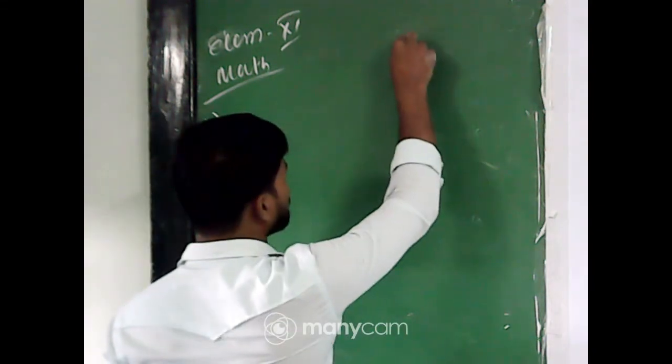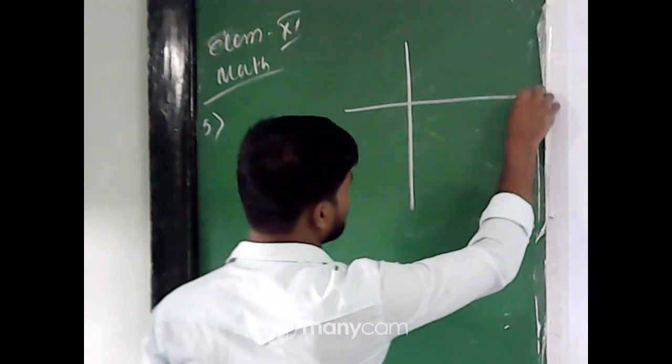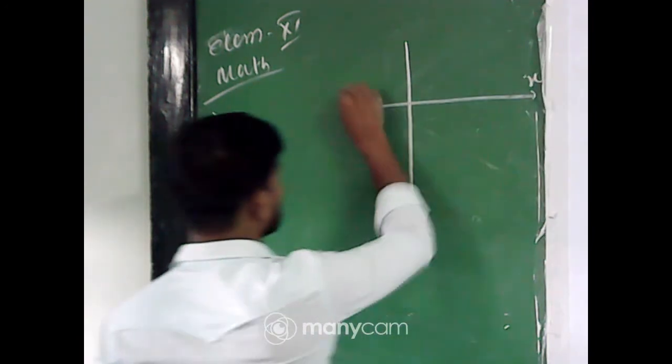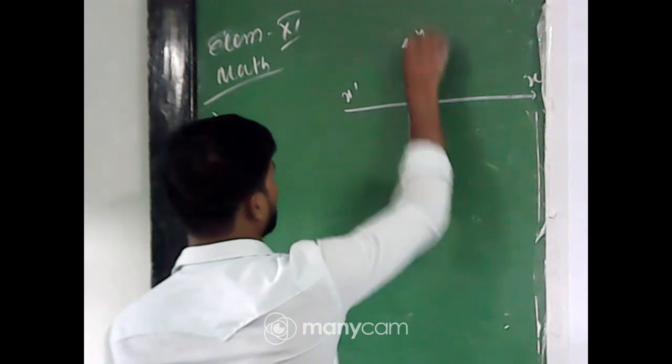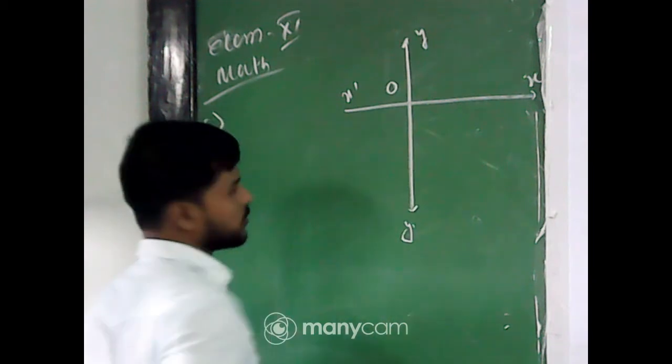Okay, so let us draw a set of rectangular axes. This is the x-axis and this is the y-axis with O as the origin.